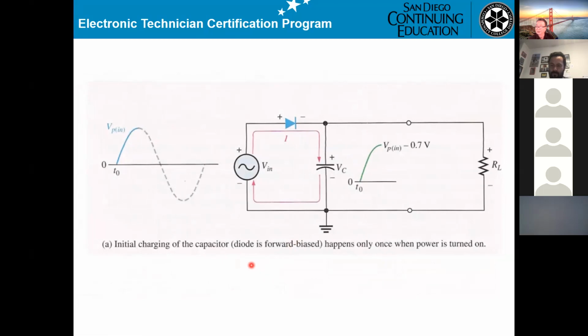Okay, now we're talking a little about the capacitor. Basically you understand the capacitor will be open for the DC voltage. If you get a DC voltage, the capacitor will be open.